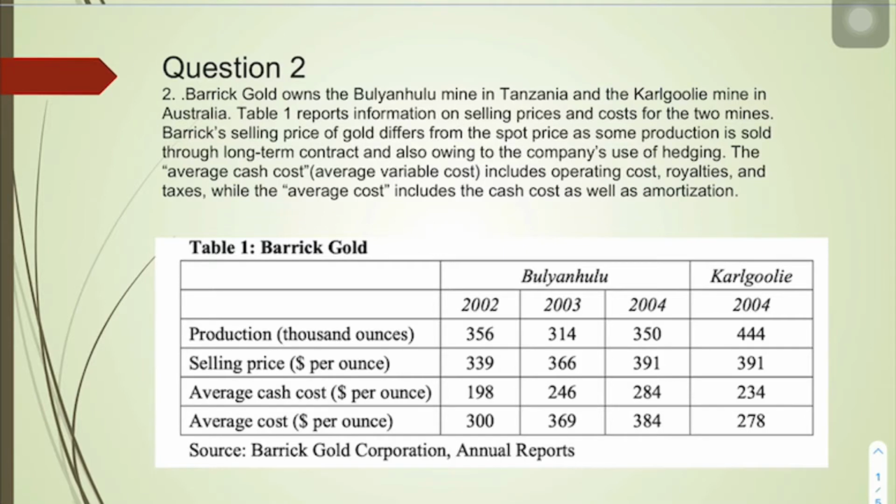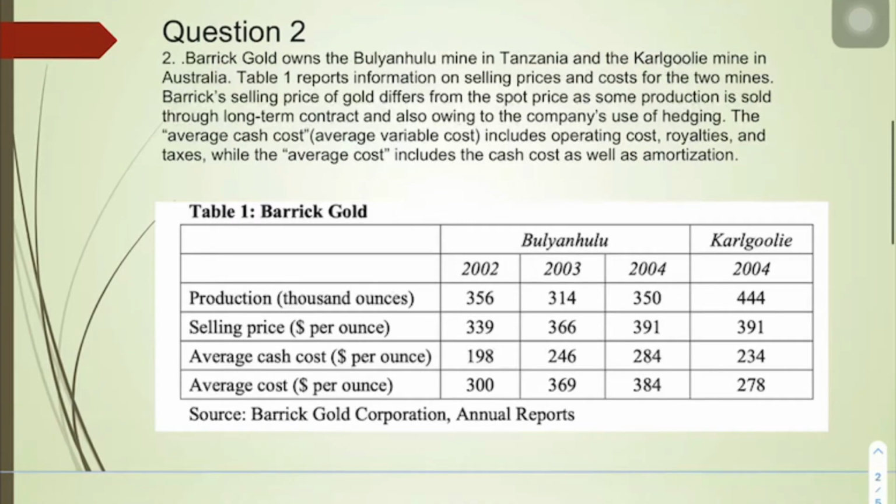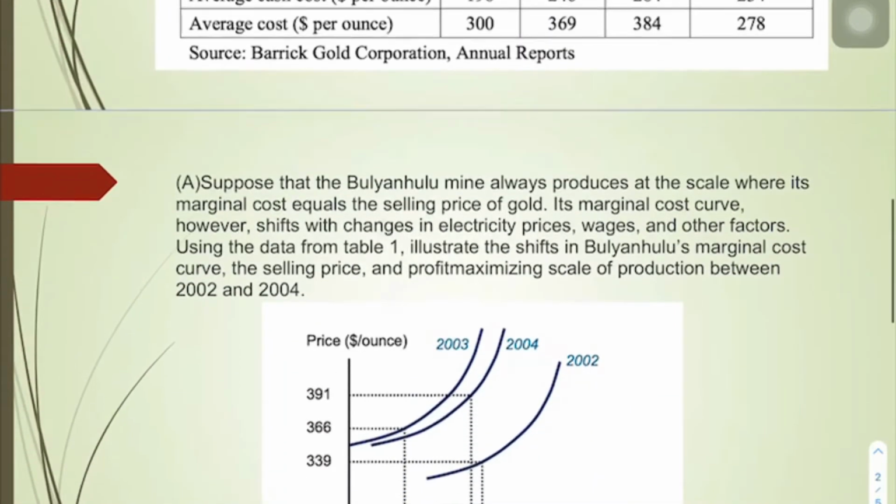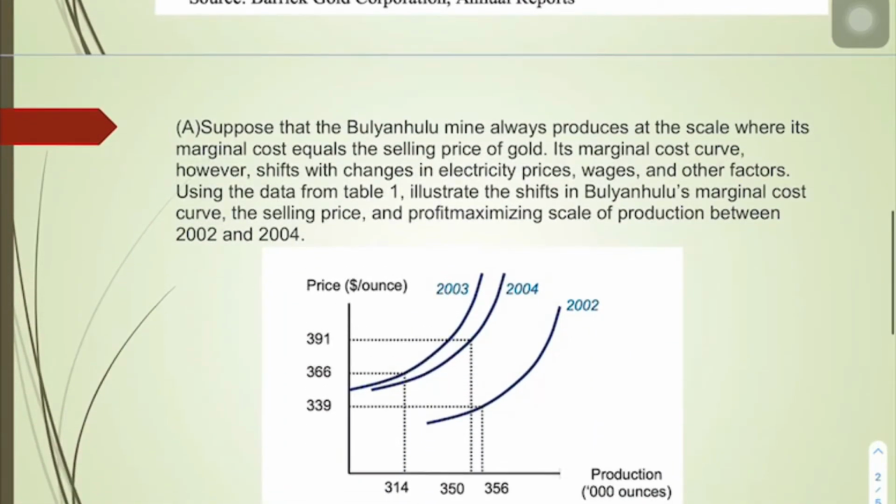The average cash cost includes operating costs, royalties, and taxes, while the average cost includes the cash cost as well as amortization. A. Suppose that the Bulyanhulu mine always produces at a scale where its marginal cost equals the selling price of goods. Its marginal cost curve, however, shifts with changes in electricity prices, wages, and other factors.